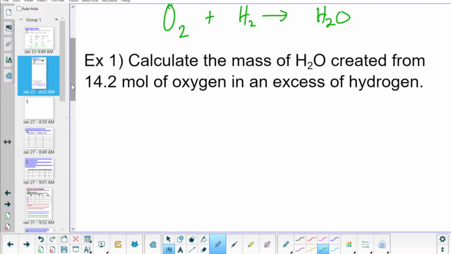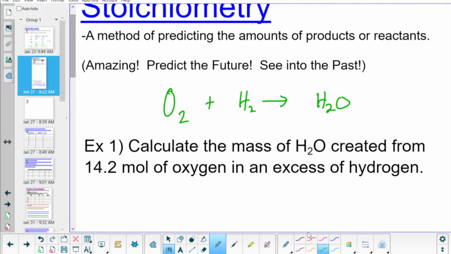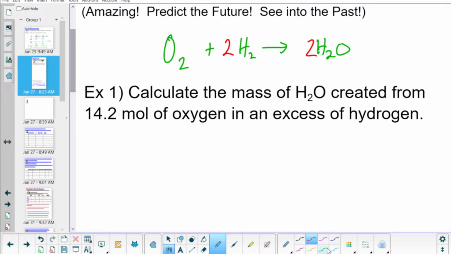First of all, I should probably put down the balancing that we put. We need 2 and 2. So we know we have 14.2 moles of oxygen. What's the ratio of water to oxygen? 2 to 4? 1 and 2.